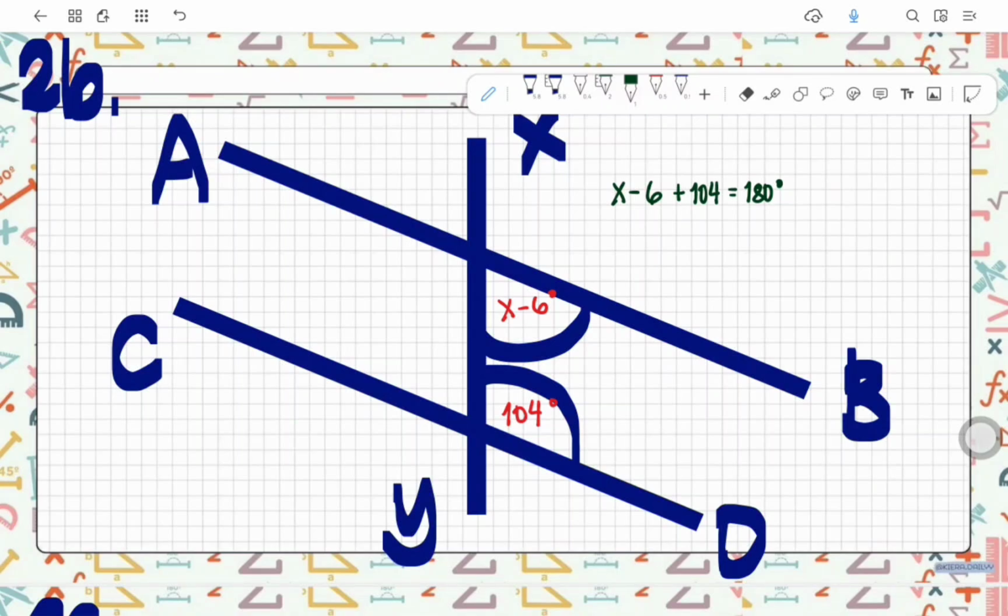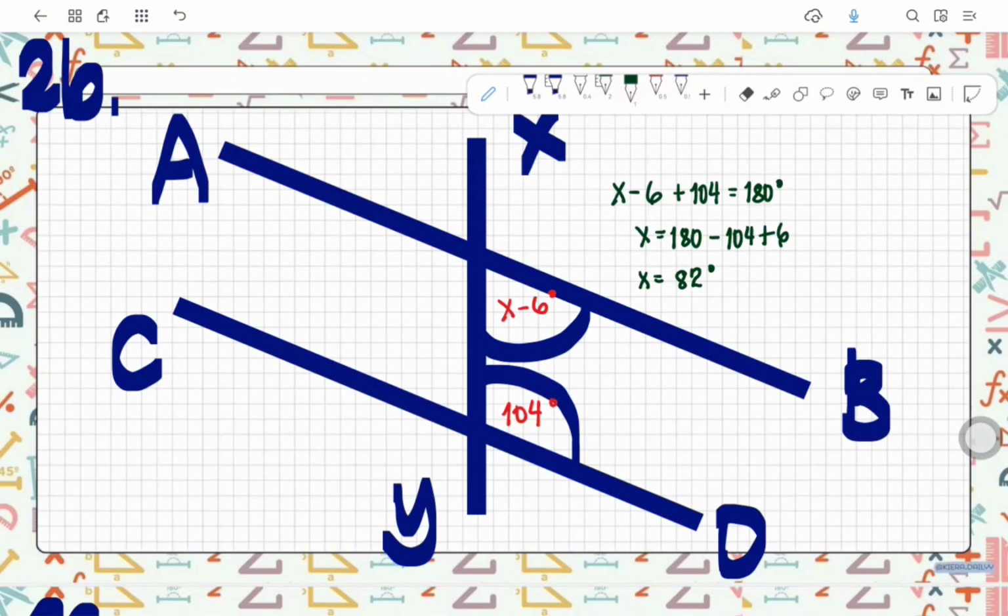So negative will become positive and positive will become negative. What we have now is x is equal to 180 minus 104 plus 6, and the answer is 82 degrees. So x is equal to 82 degrees.